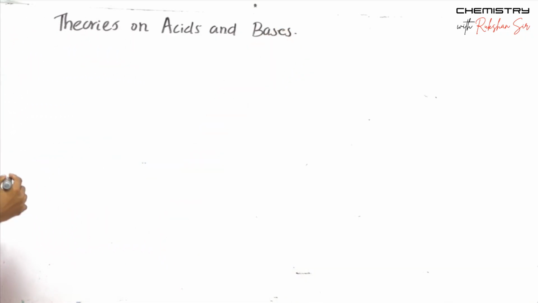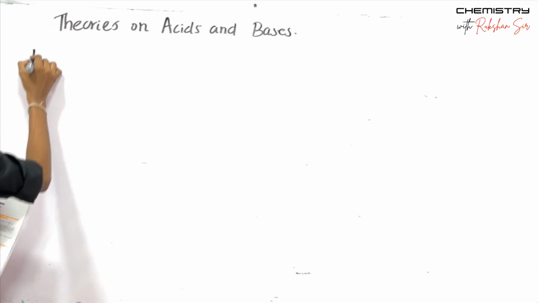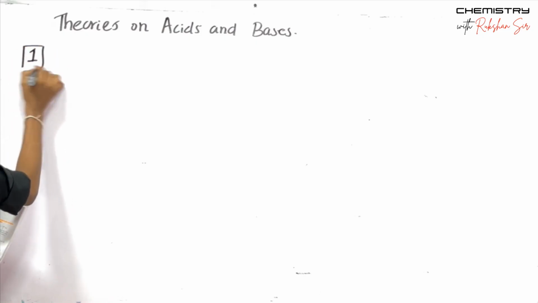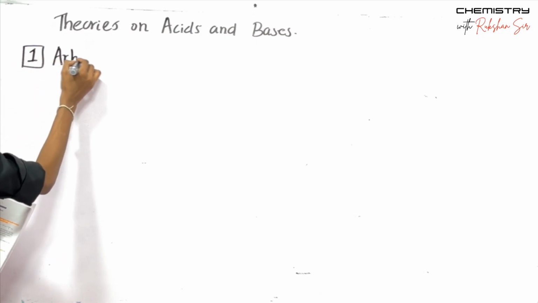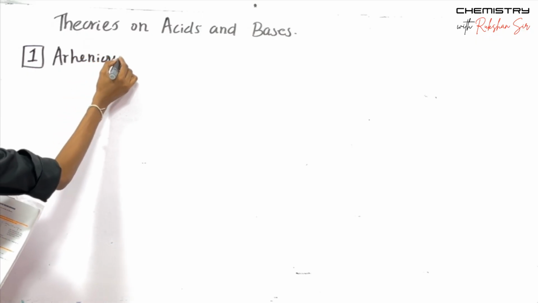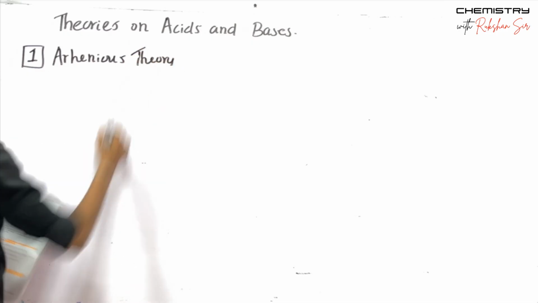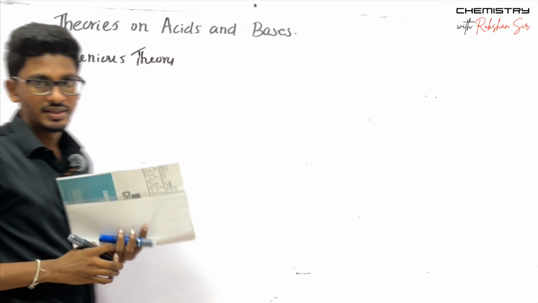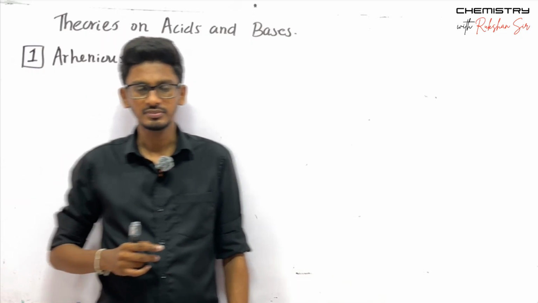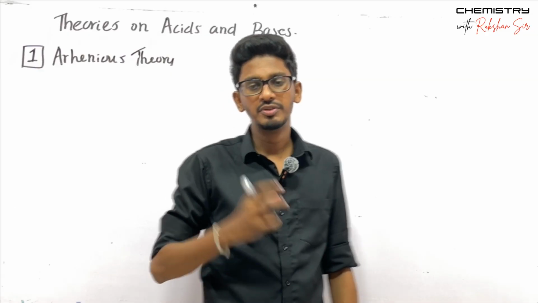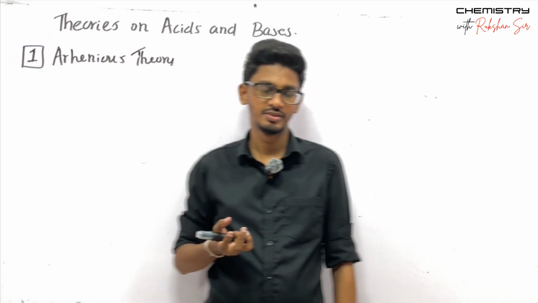We have three theories, right? Number one is the Arrhenius theory. Arrhenius theory is the compounds which release H plus ions to the aqueous medium.